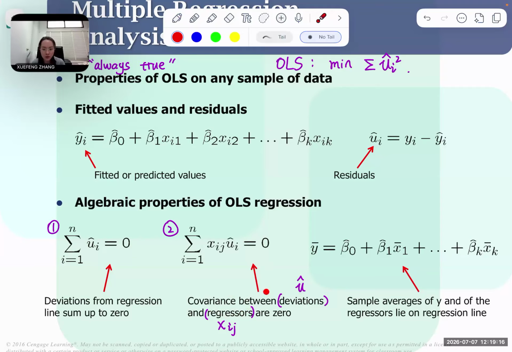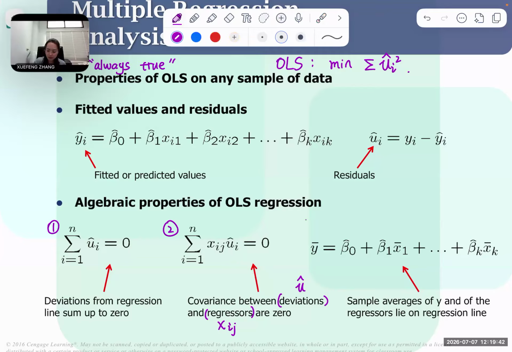In other words, each x is uncorrelated with the residuals in the sample. Makes sense. If some x still predicted a pattern in the leftover errors, OLS would just adjust the coefficient to soak up that pattern instead of leaving it in mu.